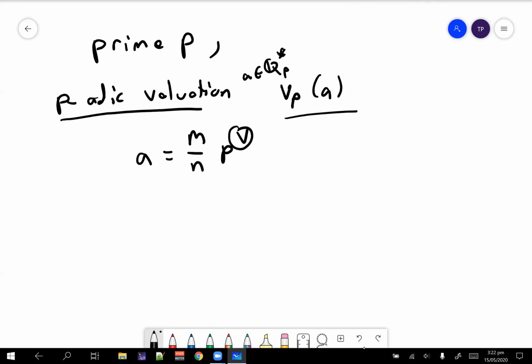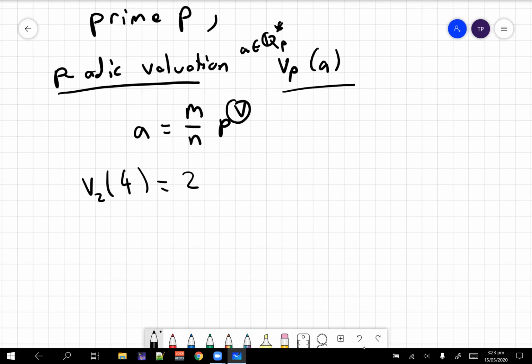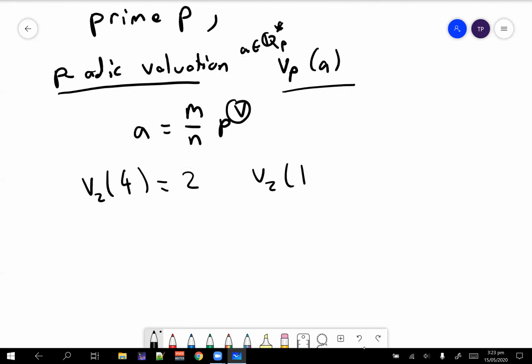So, for example, the p-adic valuation of 4 in the 2-adics, well, this is 2 squared, so the p-adic valuation would be 2. If we had, say, v_2 of 12, this would also be 2, since 12 is equal to 2 squared times 3.